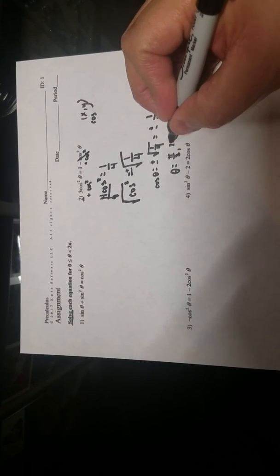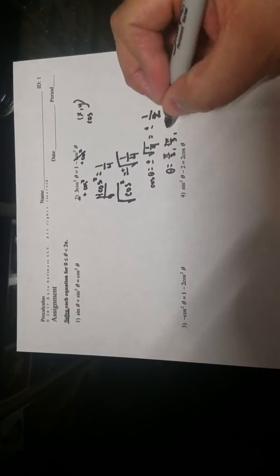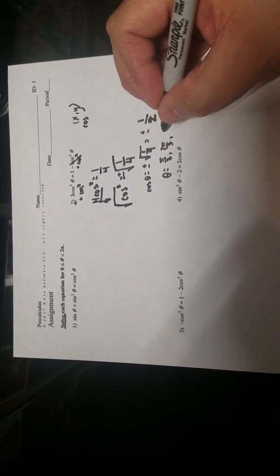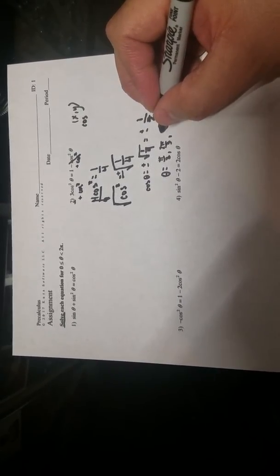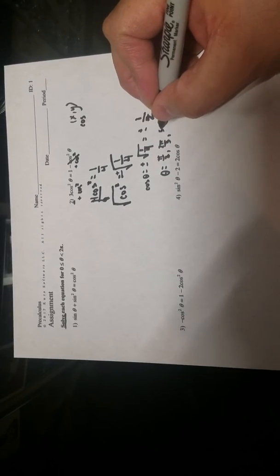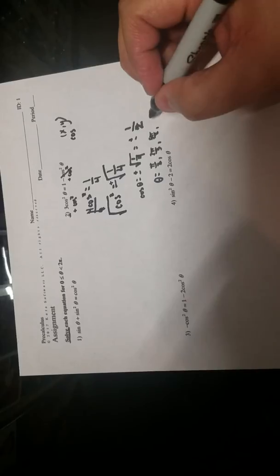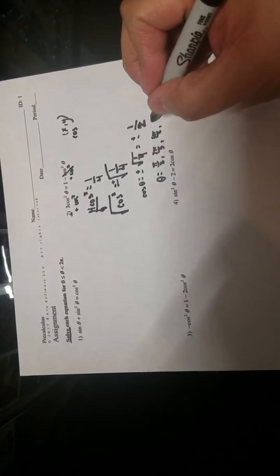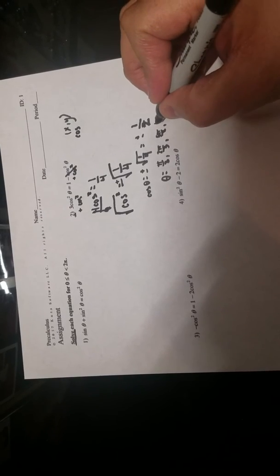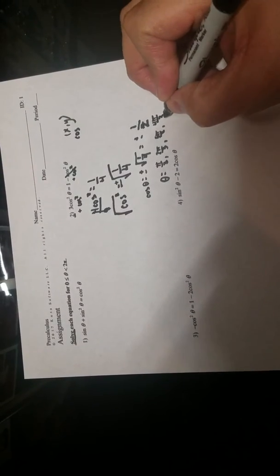At 2 pi over 3, it's negative 1/2. At 4 pi over 3, it's negative 1/2, and at 5 pi over 3, it is positive 1/2. So this is the answer for number 2. Okay, moving on.